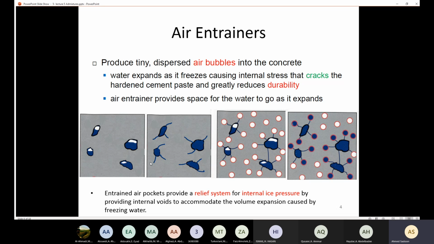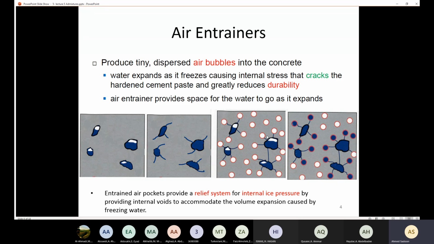So in regions where cold weather is expected, we usually use air-entrainers. We are going to introduce tiny dispersed air bubbles inside the concrete. When the water converts to ice, the water tries to escape outside. So when I have those tiny dispersed air bubbles, the water is going to escape into them.